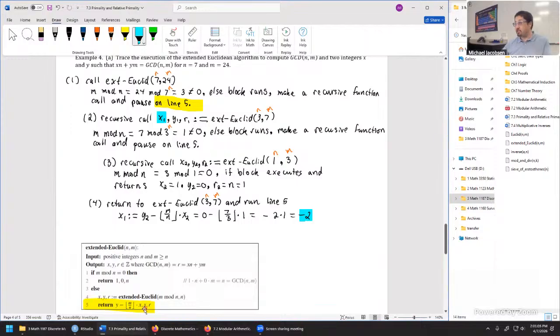The next output is going to be, remember it outputs x, y, r, so we'll label it as y1. y1, by the output down below here, when we unpause line 5, is just an x value. But it's an x value that came from the recursion on Euclid 1, 3. It's 1. And there's nothing more to that story. y1 is whatever the x value happened to be.